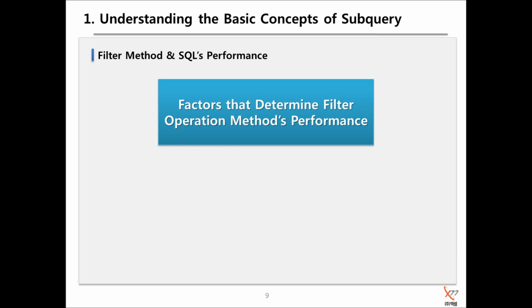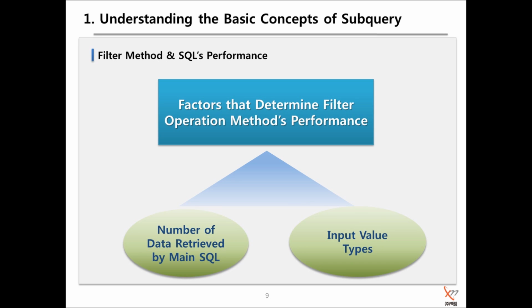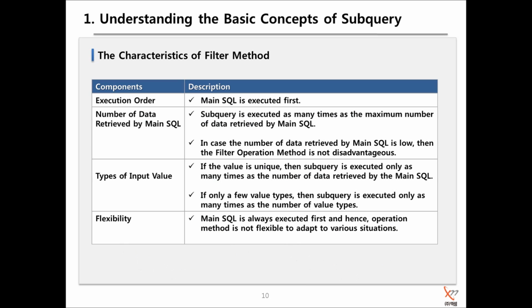The main factors which determine the filter operation performance are the row number and the input value types returned by main SQL. To summarize the characteristics of the filter operation method, the main SQL is always executed first. The subquery is executed as many times as the maximum number of rows returned by the main SQL.